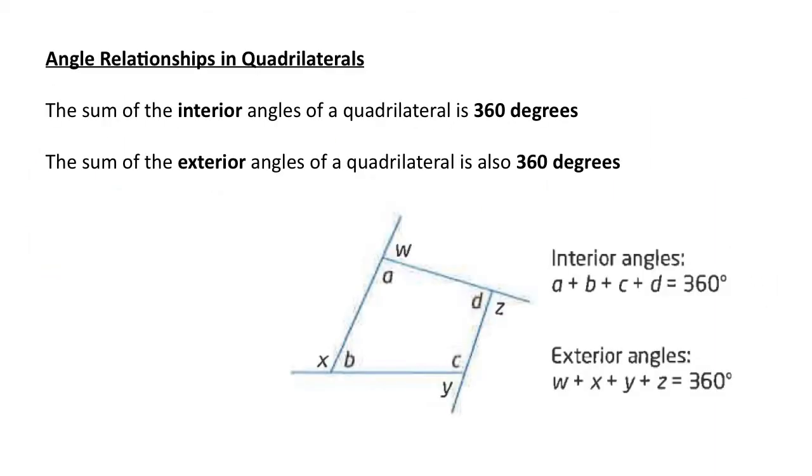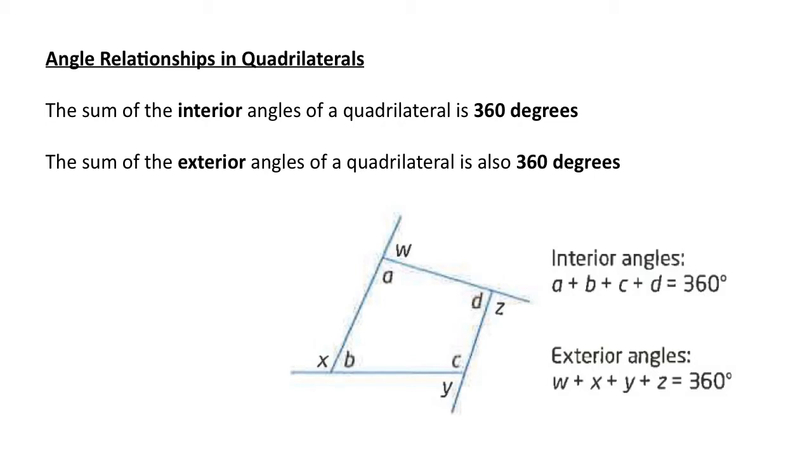So let's take a look at some of the angle relationships or theorems that exist for quadrilaterals. In terms of the interior angles or the inside angles, the sum of interior angles of a quadrilateral is 360 degrees. So if we take a look at the quadrilateral pictured on the screen, the interior angles are marked with lowercase letters A, B, C, and D. If we were to add up these four angles together, that would give us a sum of 360 degrees.